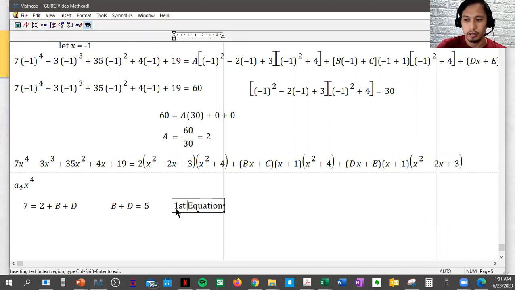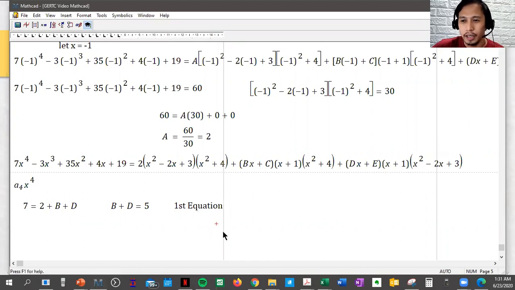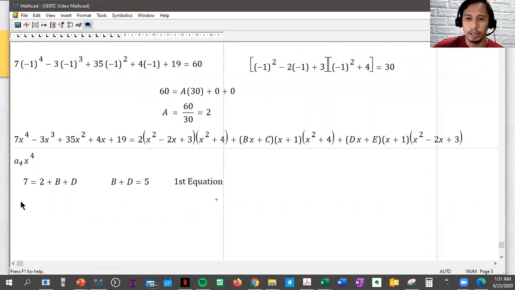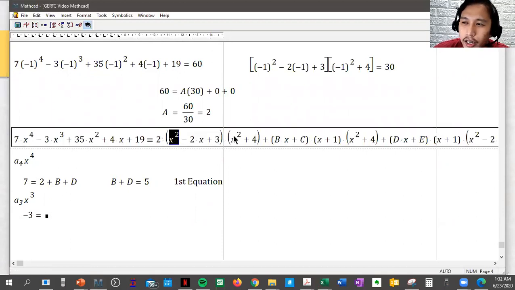Next, focus naman tayo sa cubic, x cubed. Okay, the cubic at the left is -3. How about the right? Where can we get that cubic? Ganito yan, no? X squared, i-multiply natin dito. There is no x dito to make it x cubed. So, we cannot get it there, no?